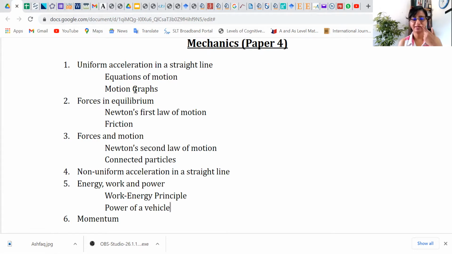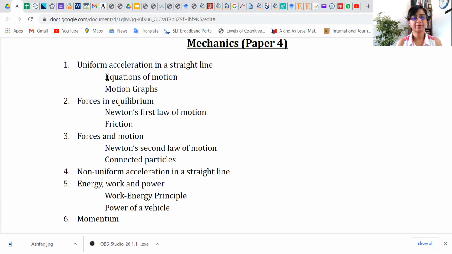The topic momentum was introduced only last year. The batch just 1 year senior to you was the first batch who faced this change for the first time. No, 2 batches. Okay, so you're the 3rd batch. So momentum is a new topic in this syllabus, quite new.